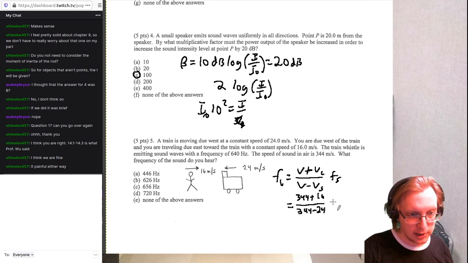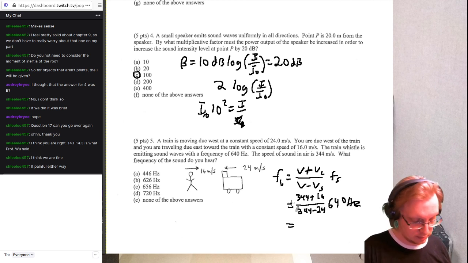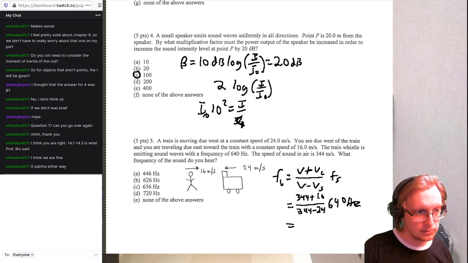Frequency given to be 640 hertz. There we go. Answer is 344 plus 16 divided by 344 minus 24 and multiply by 640, execute, 720 hertz.